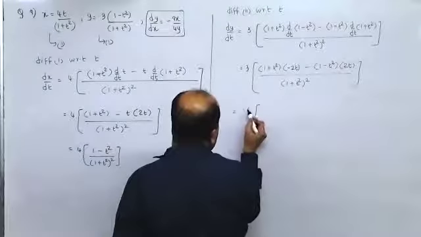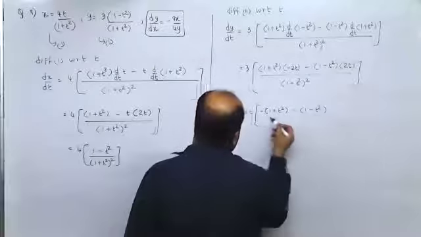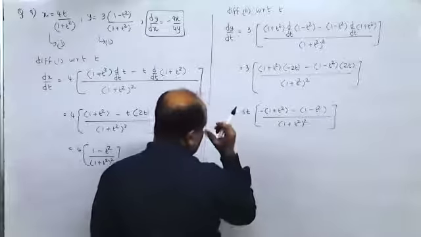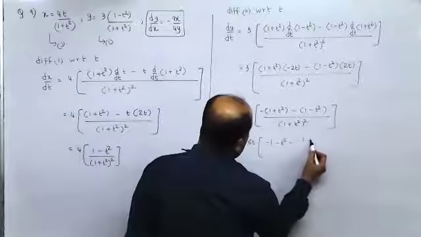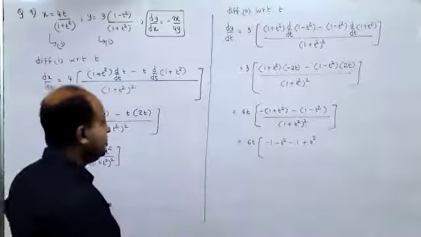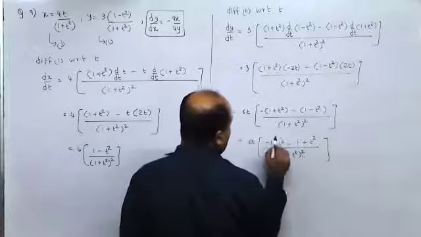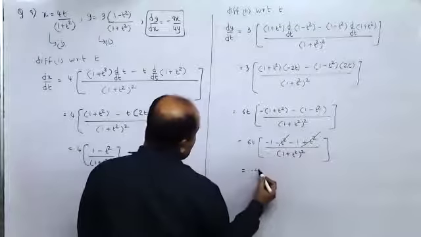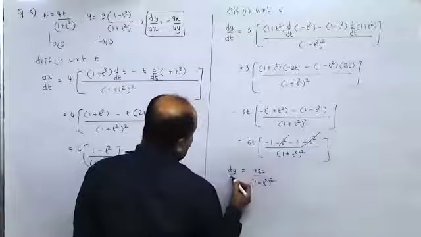So it would be 3 into 2t, 6t, into minus 1 plus t square minus 1 minus t square, divided by 1 plus t square the whole square. This would be 6t into minus 2, which is minus 12t upon 1 plus t square the whole square. This is dy by dt.